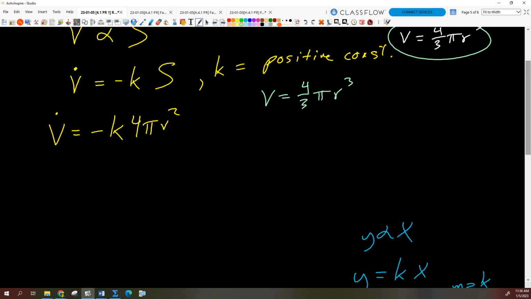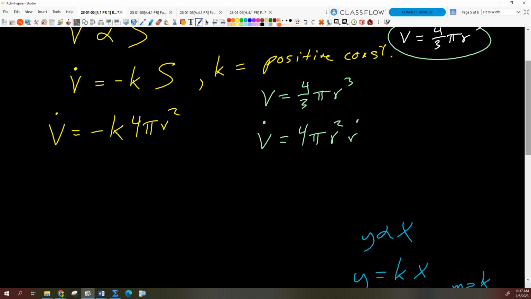V dot. Good. Because look, with the 4/3 pi as a constant, the derivative of r cubed with respect to t is just 3r squared r dot, right? So when I multiply that 3 times the 4/3, look, I get a 4 pi r squared.